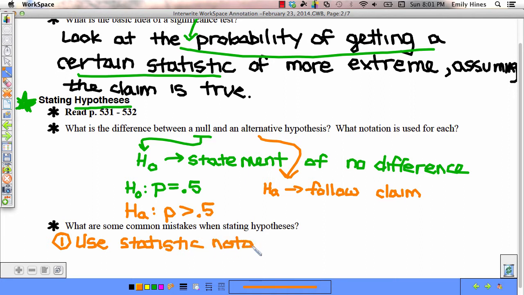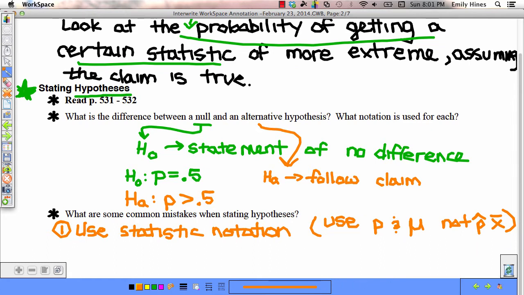You must always use the parameter notation like mu and P. Use the notation of things that you don't know. So use P and mu, not P hat and X bar. Okay, you know these values. It's these you're trying to find out if they exist or not.